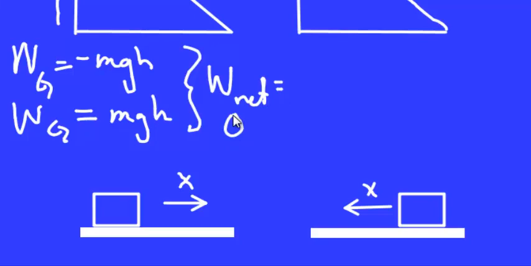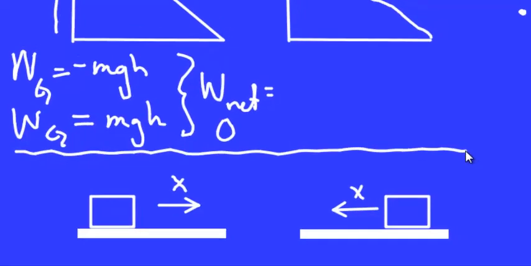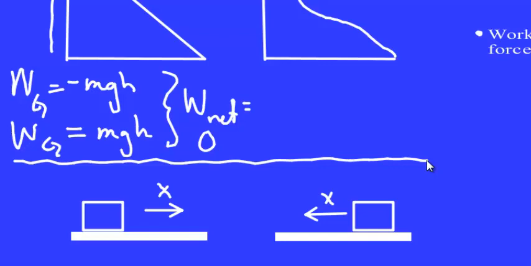Now compare that to a different scenario, the work of friction, which is what I have on the bottom here. The box is moving to the right, which means that friction is to the left, so friction does negative work. Now let's say we go back to our start point.